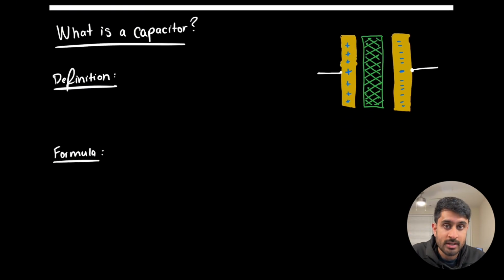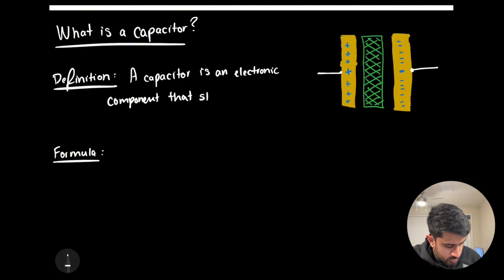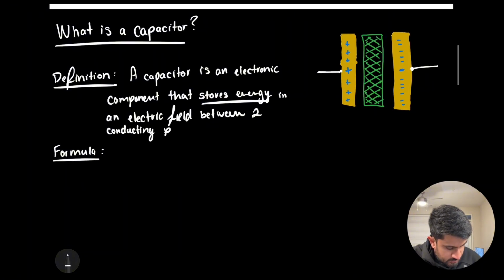A capacitor is an electronic device that stores energy in the form of electric charge and electric field. Therefore, a capacitor is an electronic component that stores energy in an electric field between two conducting plates.